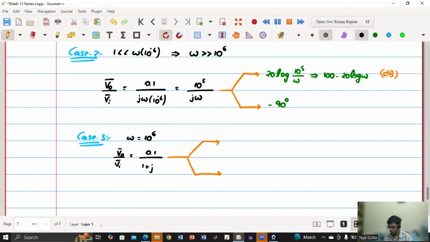So what is the magnitude and what is the phase? Magnitude is 0.1 by root 2. It is 20 log of 0.1 by root 2. You have to do that.